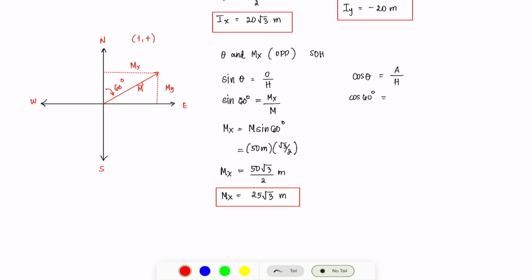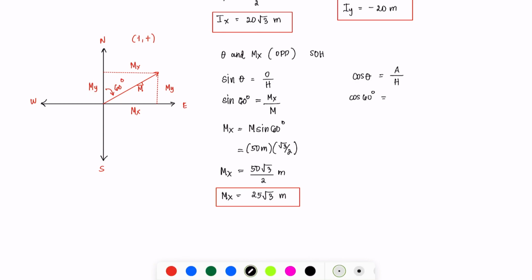This is your 60 degrees. Adjacent to that is your m sub x, because as I've said, if this portion here is m sub x, this portion here should also be m sub x. If this portion is m sub y, this portion should also be m sub y. And looking at that, it's clear that your theta's adjacent side is m sub y.